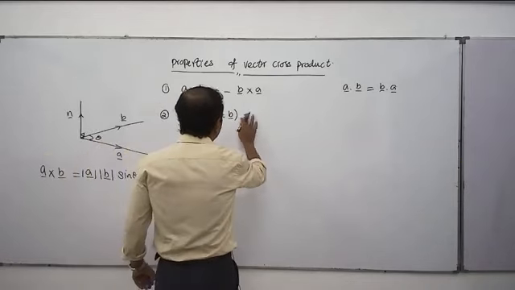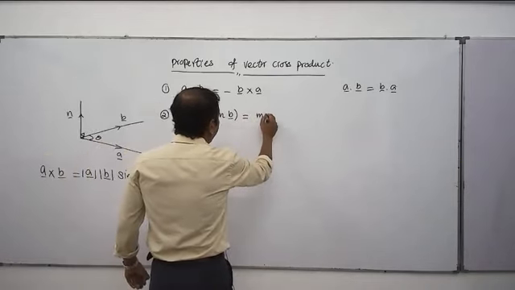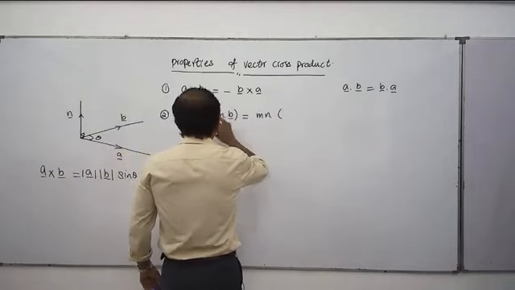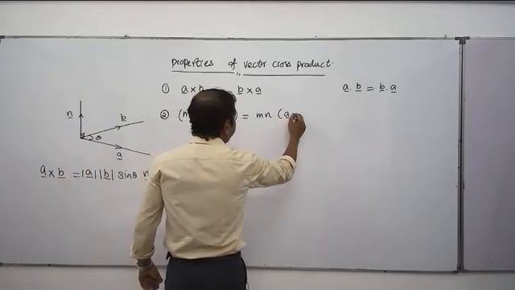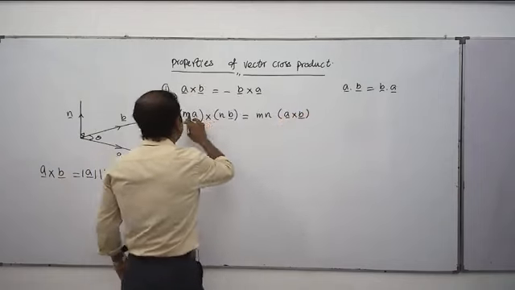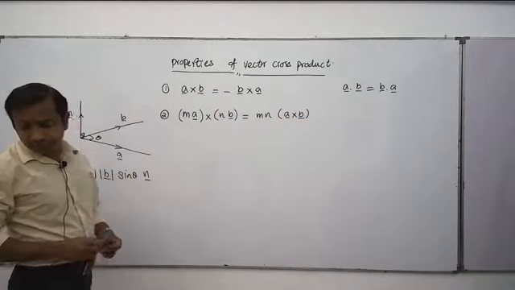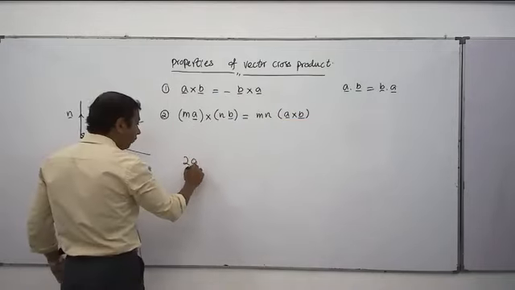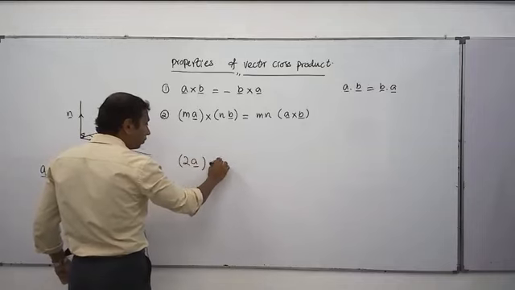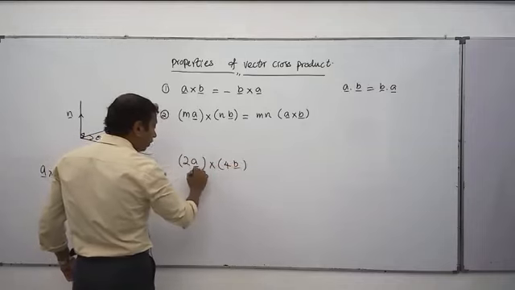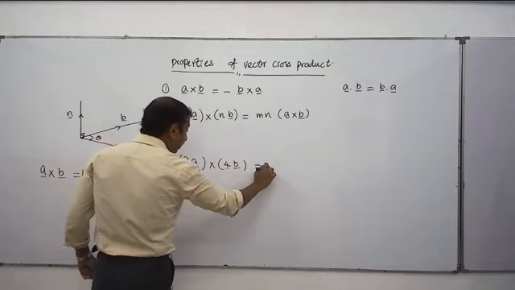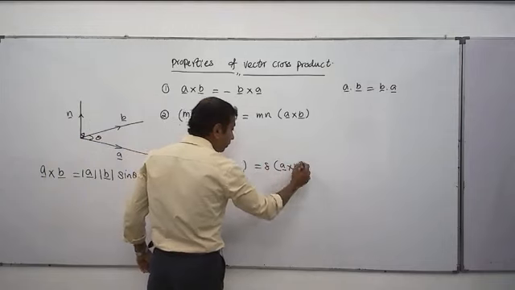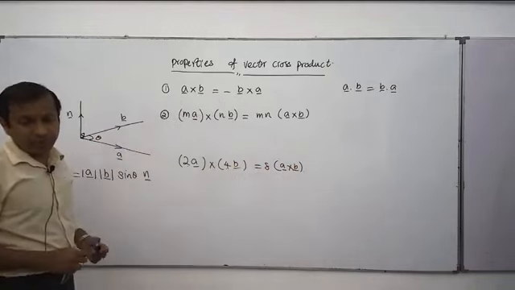Then this is equal to M N times A cross B. You can first multiply M and N, and then take A cross B. These two numbers we can multiply first as usual. For example, people, suppose we have 2A cross 4B. Then 2 and 4 you can multiply first, 8, then A cross B, 8 times A cross B. That's the second property.